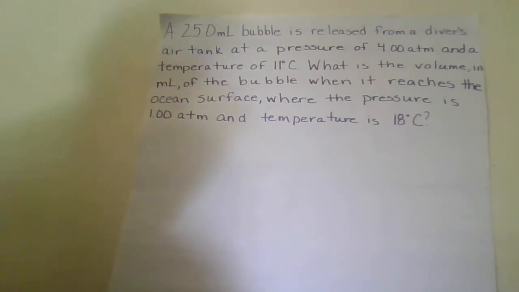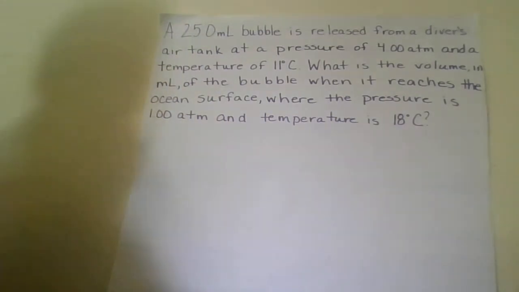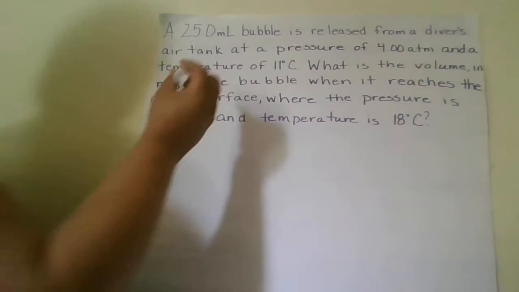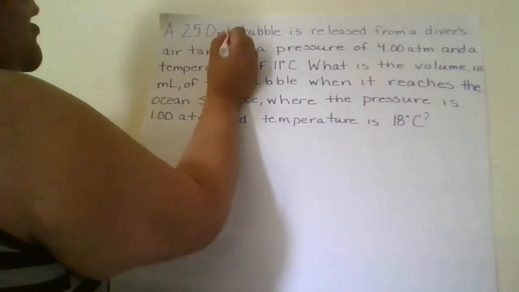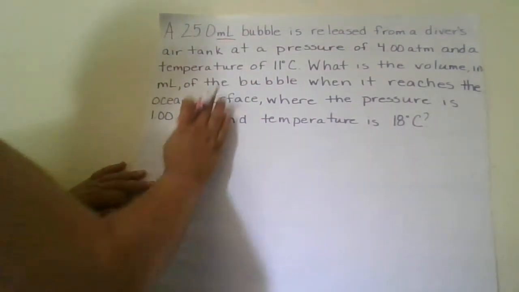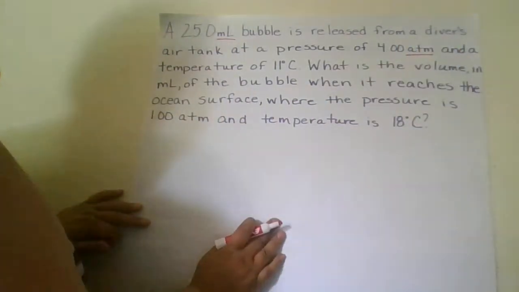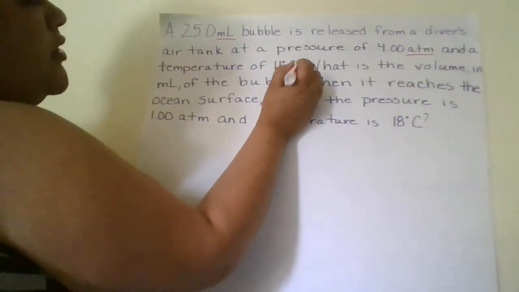So we need to first start by taking a couple of notes. We're dealing with a volume. It says that we have a pressure and we also have a temperature.